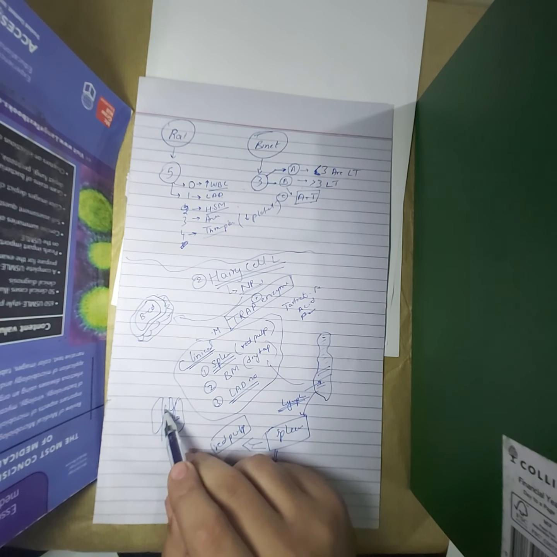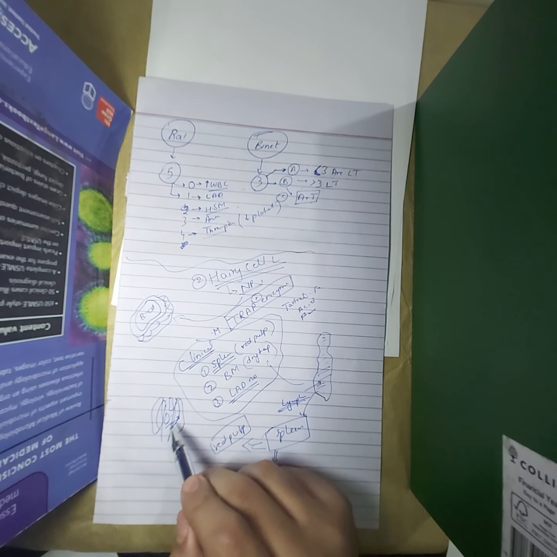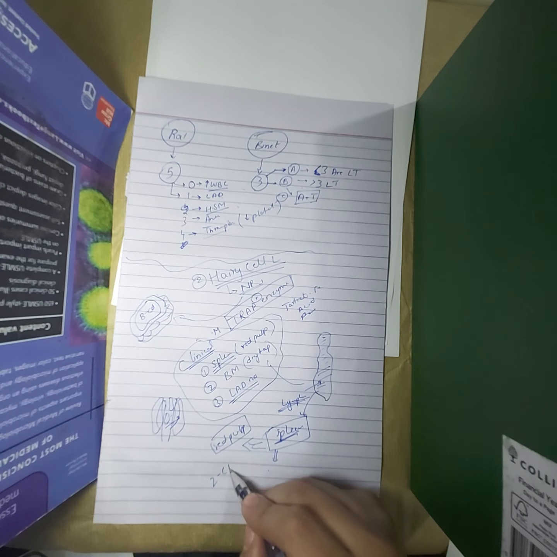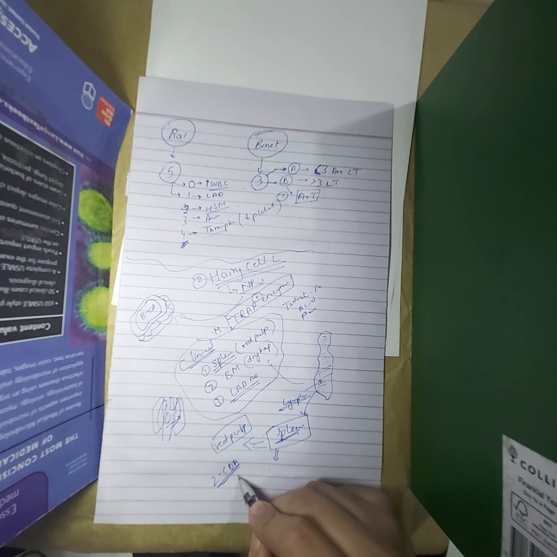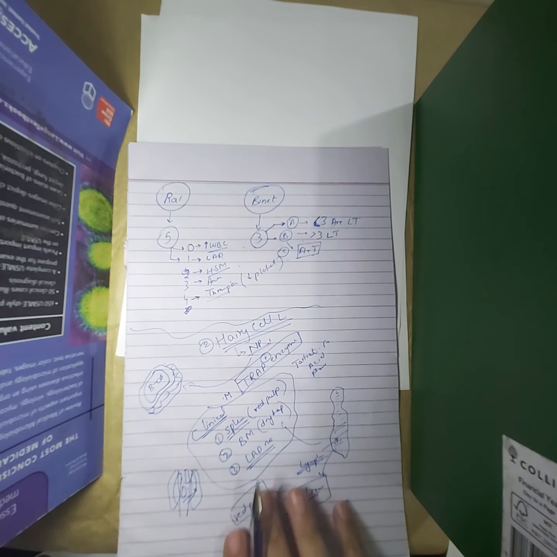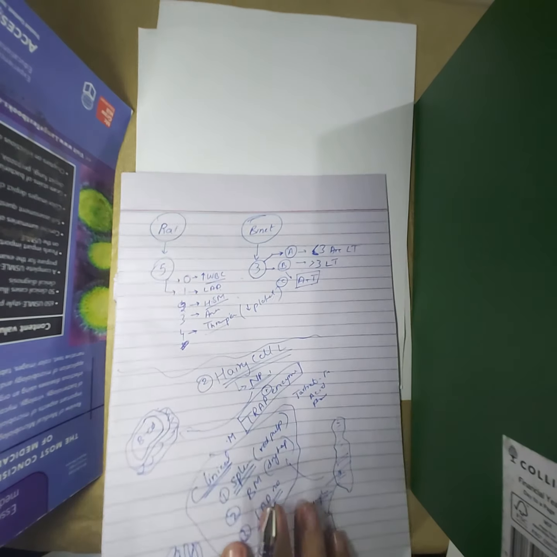That's why there will be expansion of the red pulp in the spleen. Now, coming to the treatment, 2-CDA will be given, which is an adenosine deaminase inhibitor. Further treatment is bone marrow transplantation.